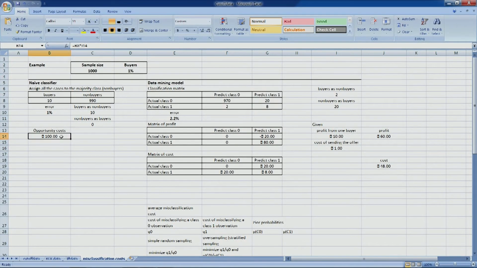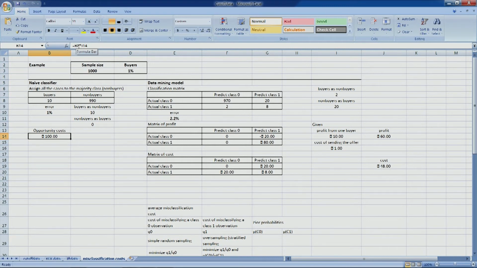I have already written the formulas here. You can see that the number of buyers multiplied by the profit from one buyer gives us the opportunity cost, that is 100 rupees. So this is the cost if we follow the naive classifier.